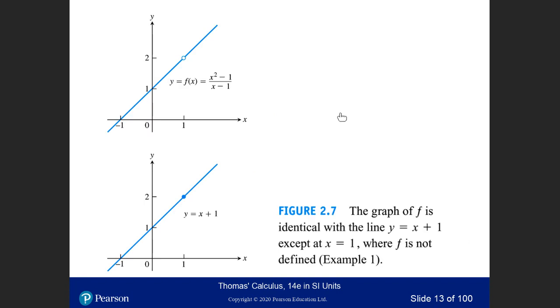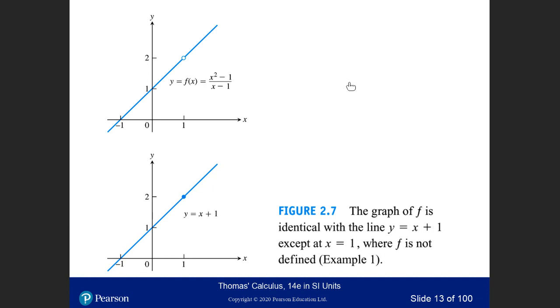Let's look at this function. y is equal to f of x, which is given as x squared minus 1 divided by x minus 1. Now, at x equal to 1, this function is not defined because that's 0 over 0. When you put x equal to 1, x squared minus 1 is 0, and x minus 1 is 0. So the function is not defined at x equal to 1.